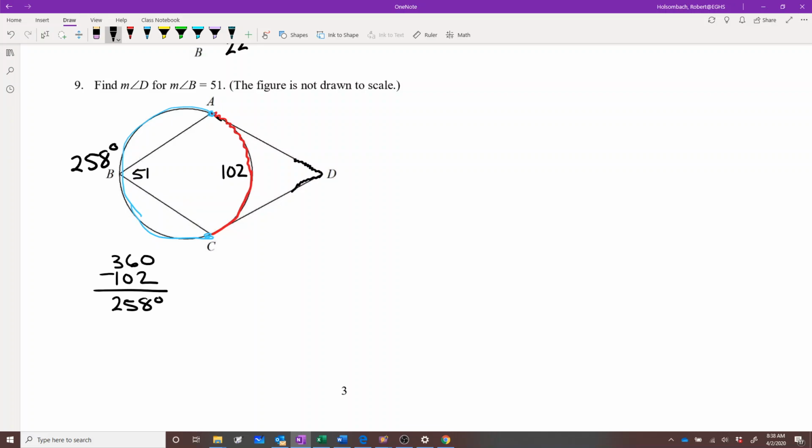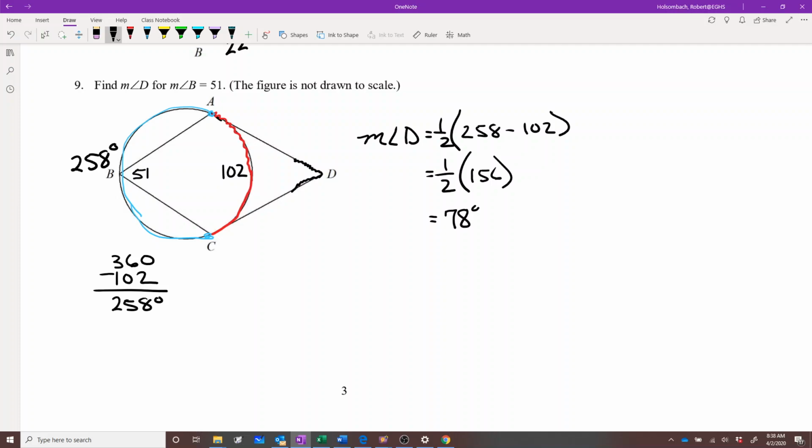So the measure of angle D. The measure of angle D is going to be equal to 1/2. That's big arc minus little arc. And 258 minus 102. So the measure of angle D is going to equal 1/2 of 156. And half of 156 is 78 degrees.